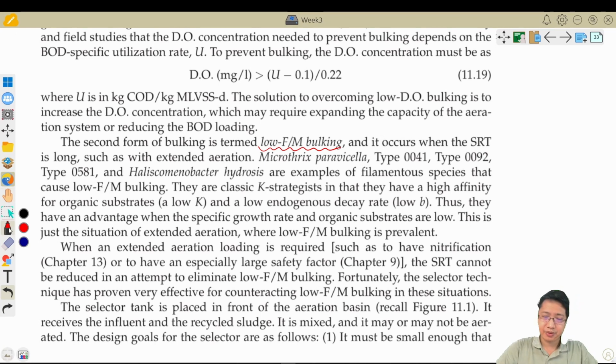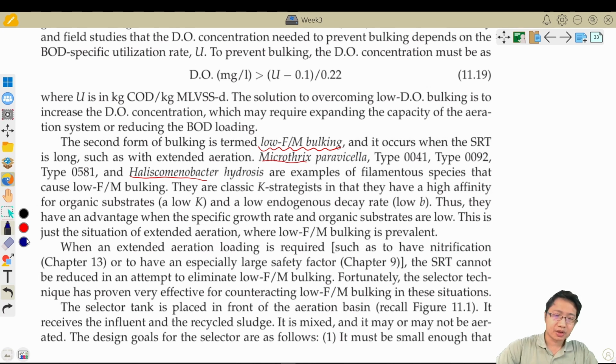Especially when you have to maintain your system at a very low F/M ratio, some filamentous bacteria will become predominant in your system. For example, Microthrix and also the genus Haliscomenobacter. Those two filamentous bacteria will sometimes become predominant in your system, especially when you have a very low F/M ratio.